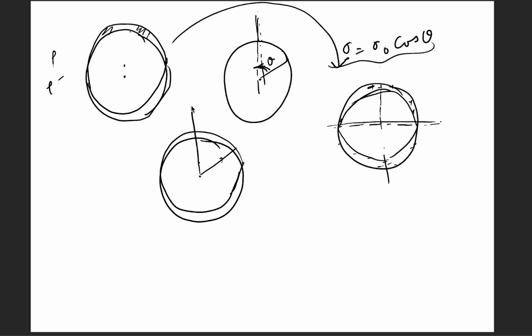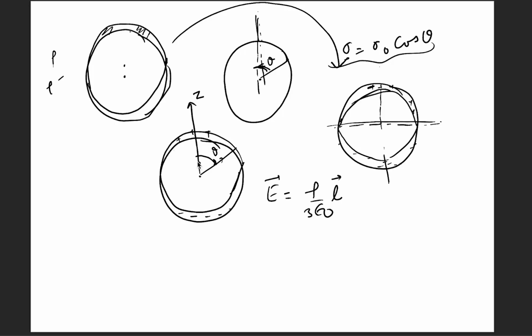This is θ angle, and this is plus, and this is minus. Let us say this is the z direction. So now we know that the field can be simply written as ρ/(3ε₀) L, where L is the vector joining plus and minus charge.